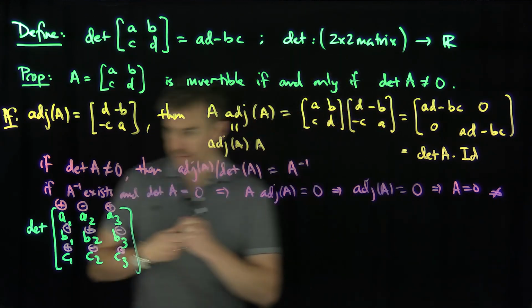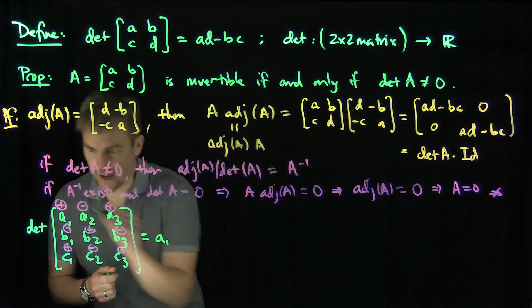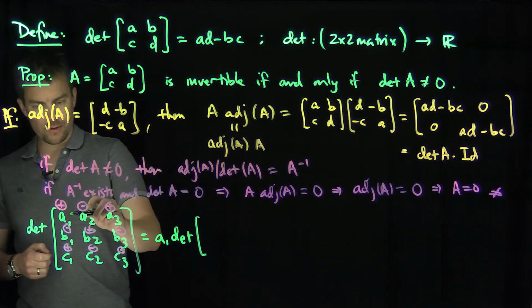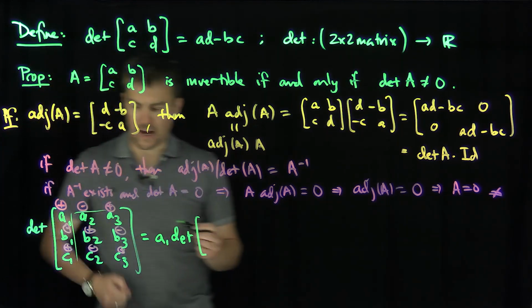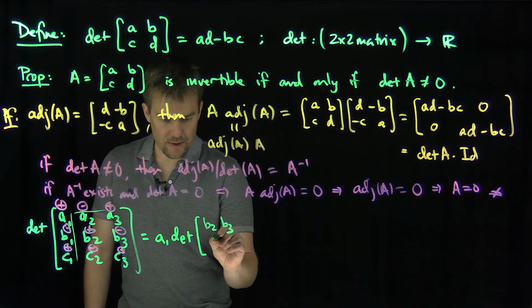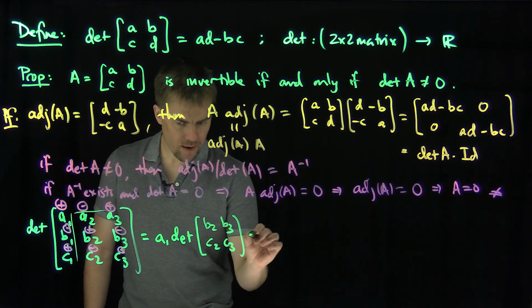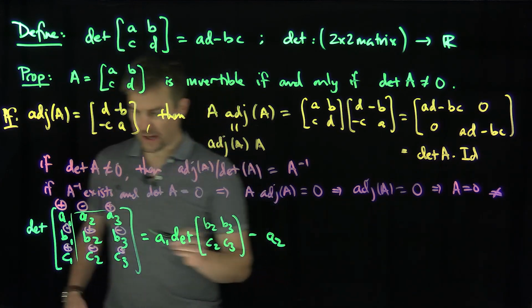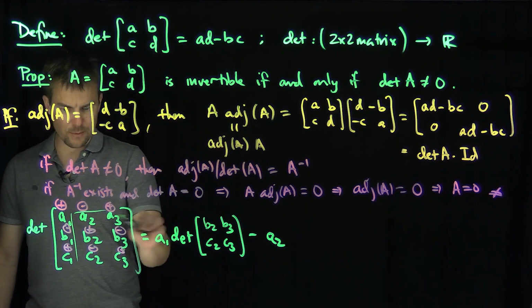I'm going to define this to be A1 with a positive sign times the determinant of the matrix that we get when we eliminate the row and column in which A1 resides. So that would leave me with B2, B3, C2, C3, minus A2, and then I'm going to eliminate the row and column in which A2 resides.